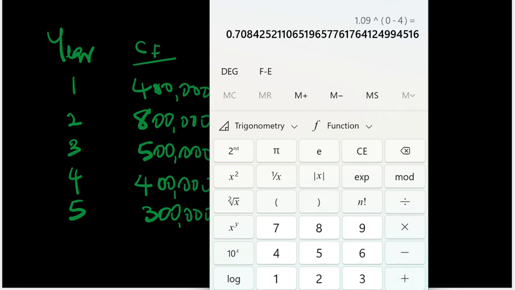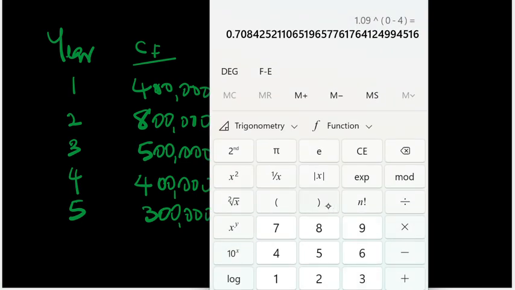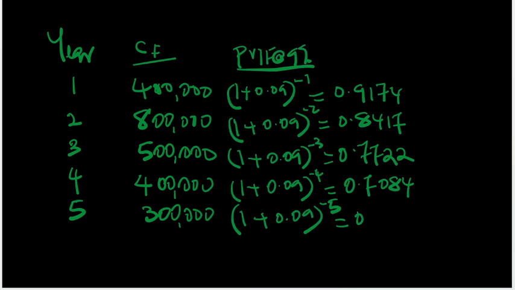That is 0.7084. Then the last one is 1.09 raised to negative 5. That is 0.6499.